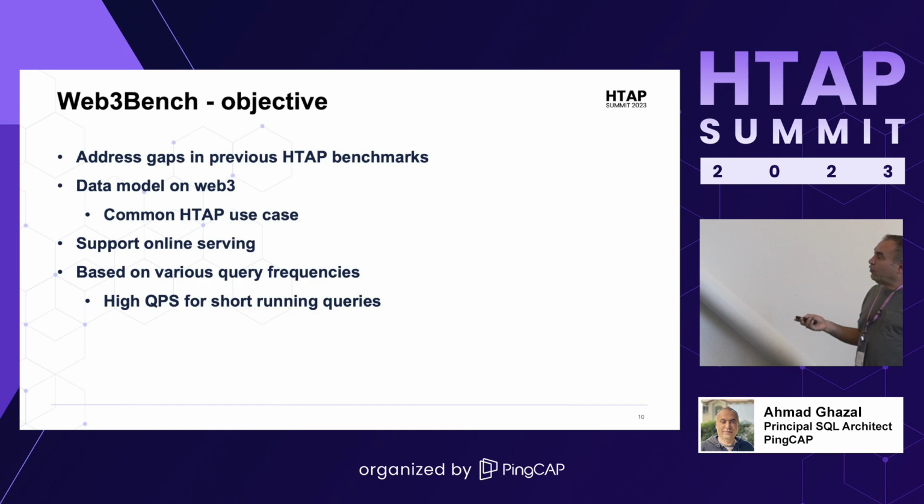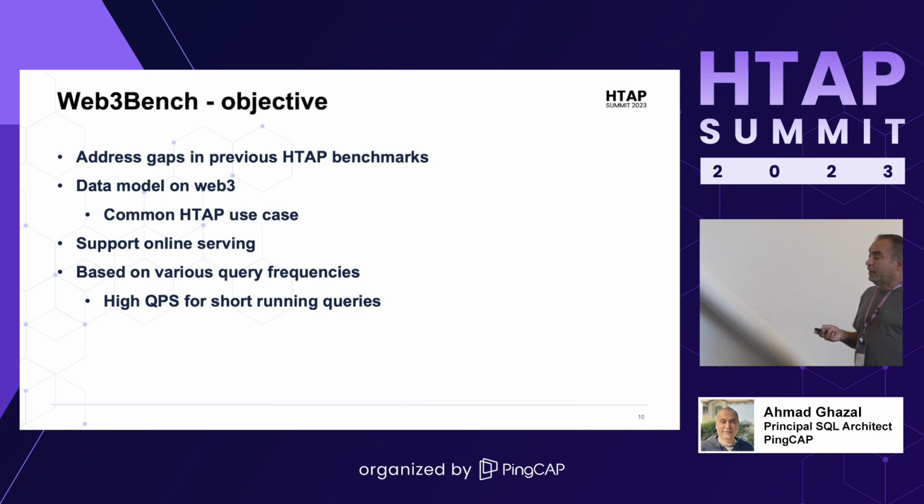All right, so given these gaps, we thought we could come up with a new proposal. We call it Web3-Bench, trying to address the previous benchmarks. And the reason we chose Web3 is that it's very common for us and for everybody, and it's really a good example of HTAP, right?